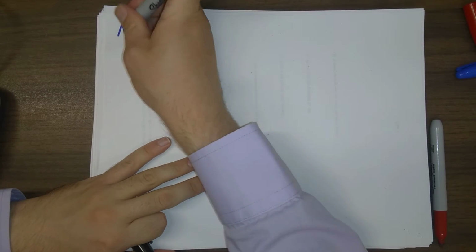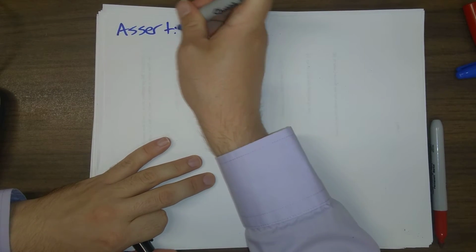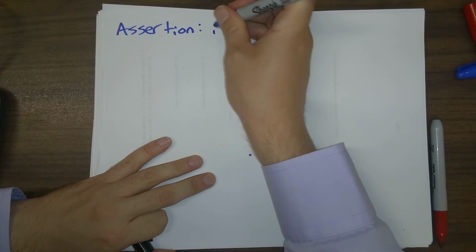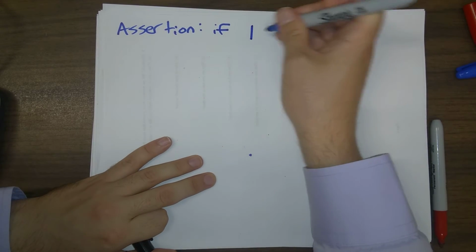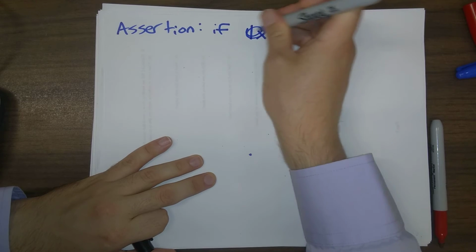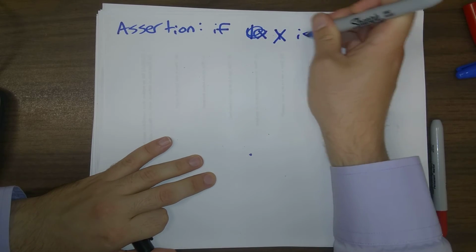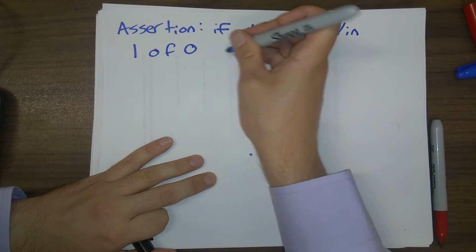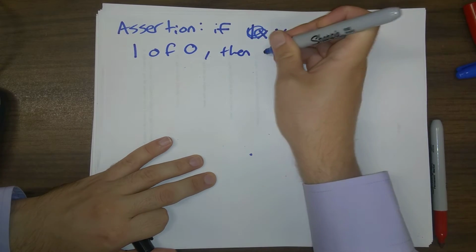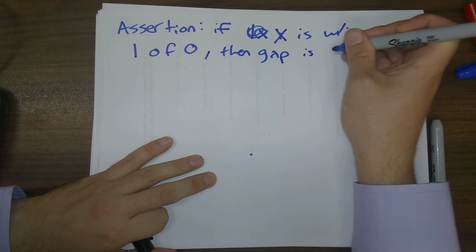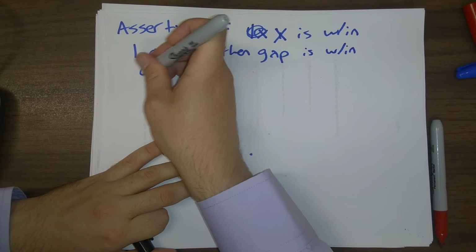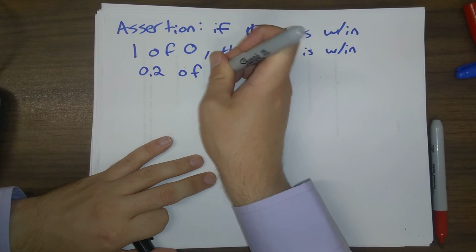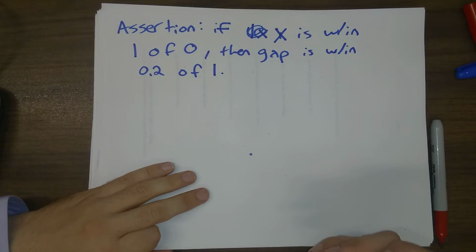So the assertion is that if x is within 1 of 0, then the gap is within 0.2 of 1, which is the limit.